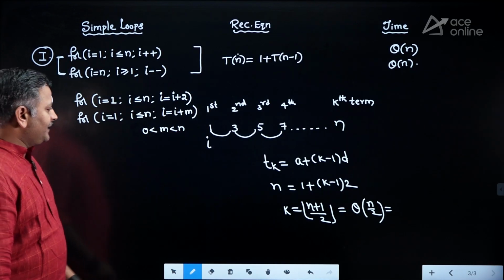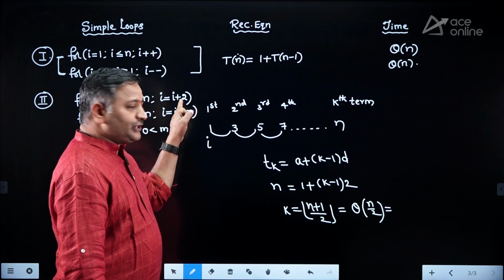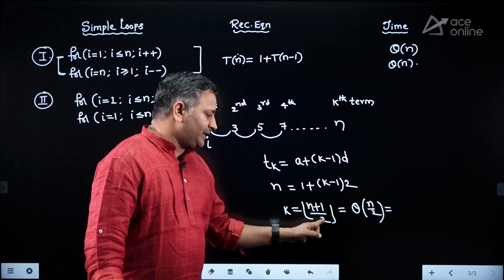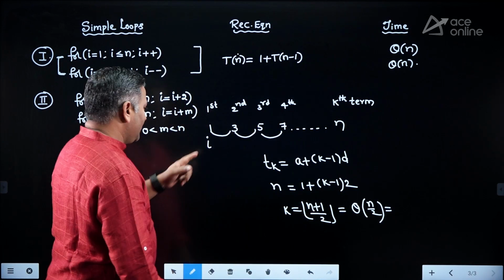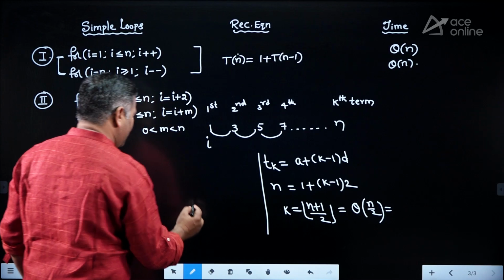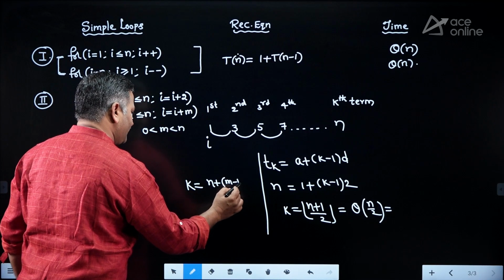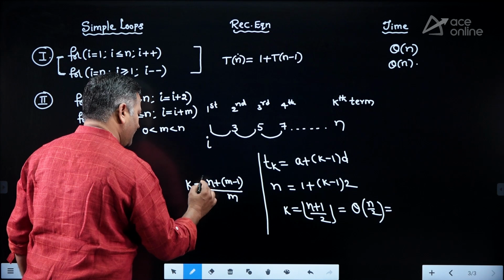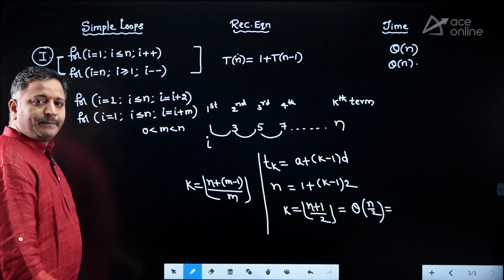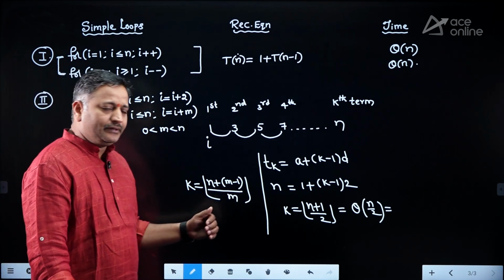In that case what happens, see, if the constant is 2, we are taking (n plus 1) by 2. If you apply the same procedure, we will get k value equal to floor of (n plus m minus 1) by m.